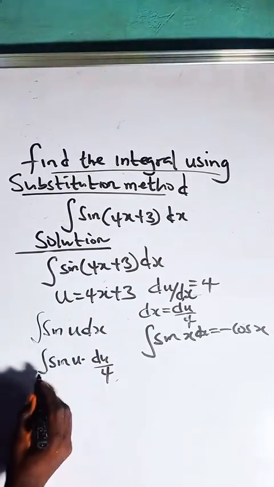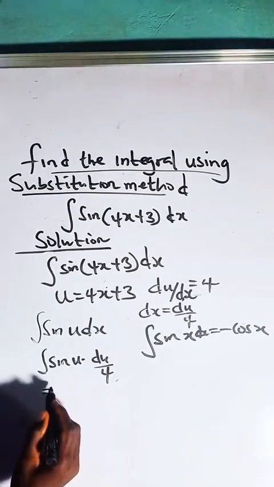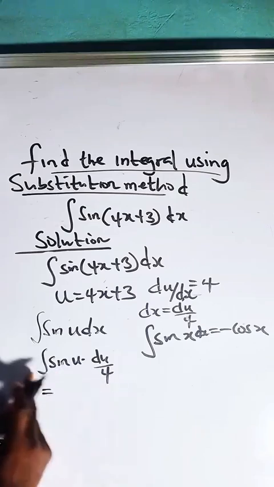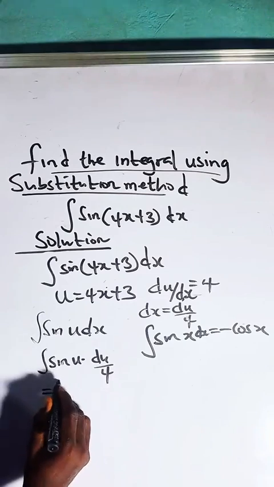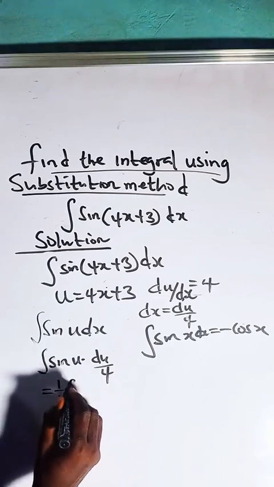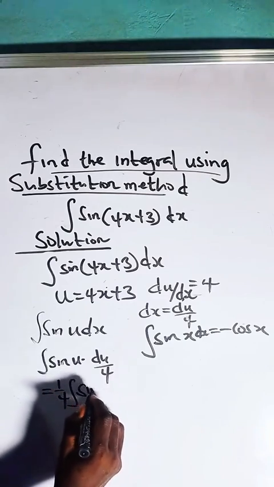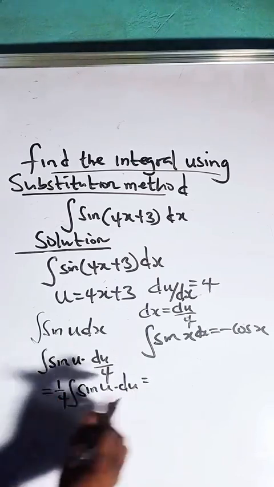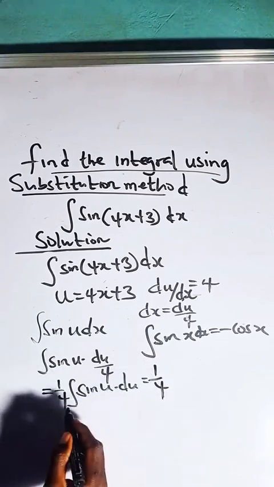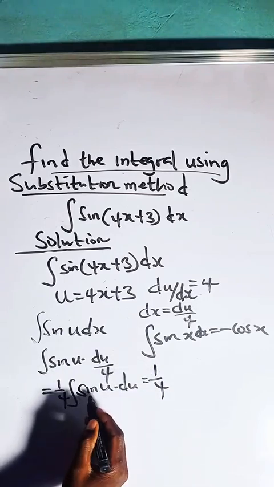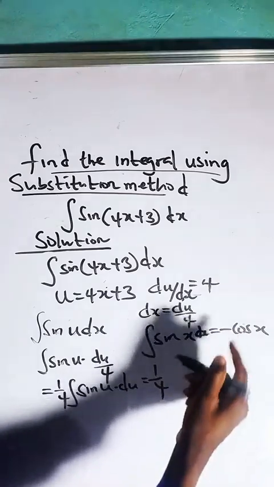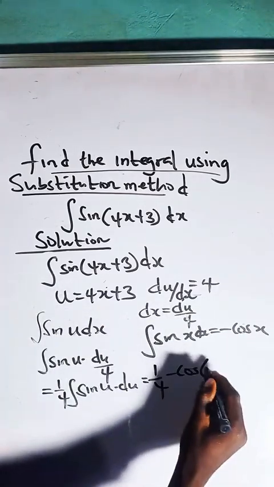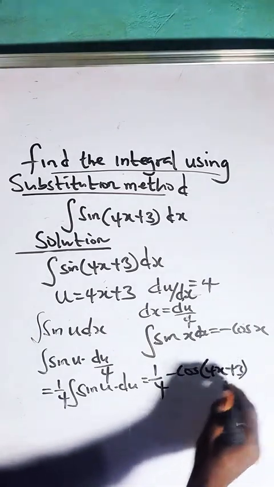Let us express this, for the constant 4, let's factor it out. So we have this as 1/4 times the integral of sin u du. When we integrate sine, it gives us minus cos u, and our u is 4x + 3.